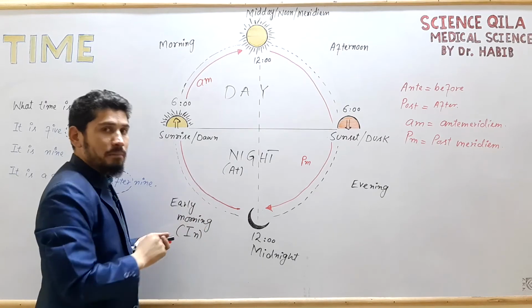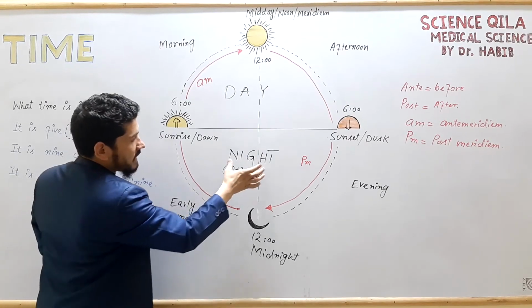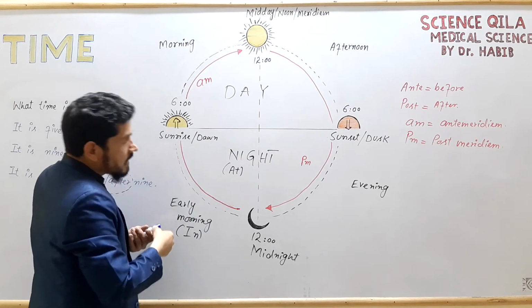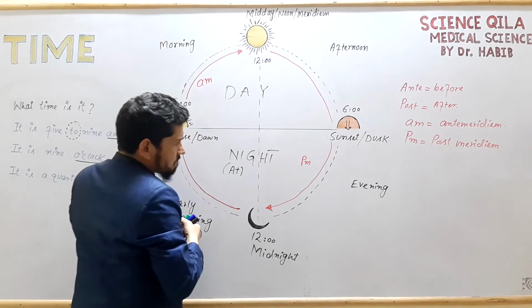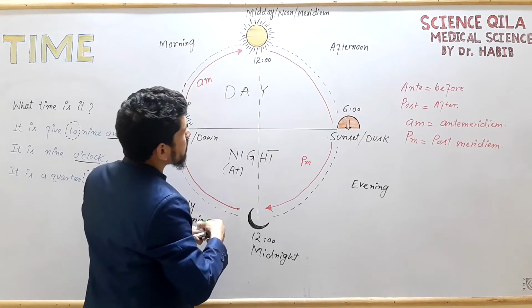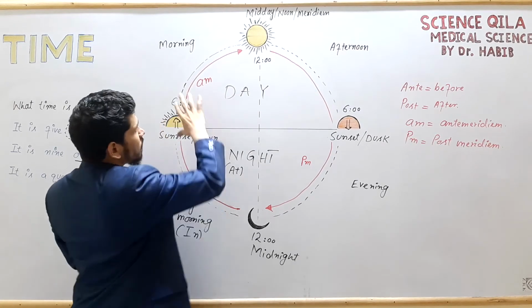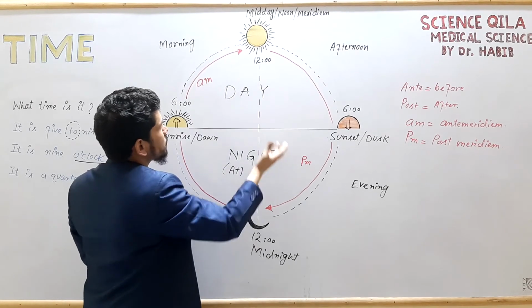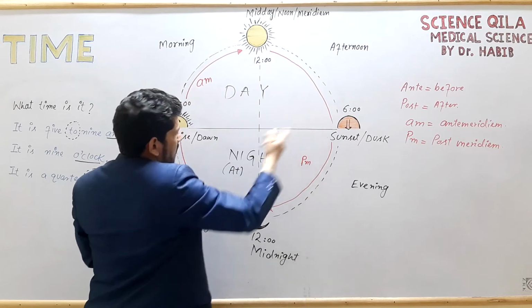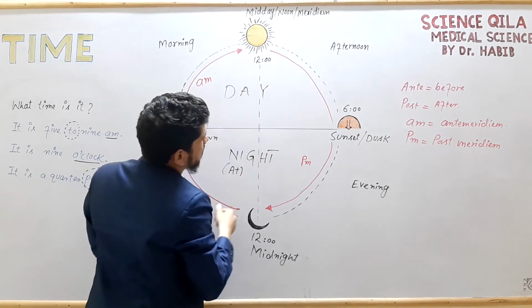So for public places, we also use at, and especially over here with night, we use at. Okay, now let's understand how to tell someone about the timing. Let's suppose now this is a clock, and of course here we have the 12 and here we have the 3. I'm not going to write because it will make you confused.